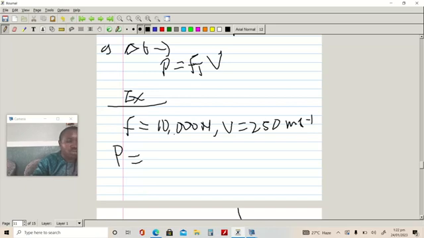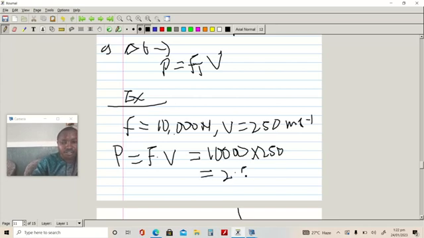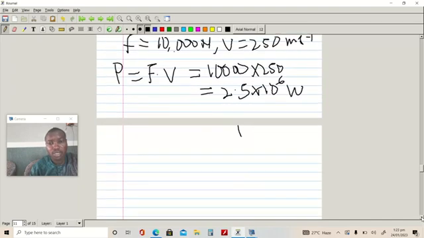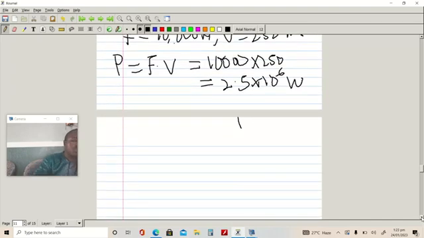So P is equal to force times velocity, which is 10,000 multiplied by 250 meters per second, which is equal to 2.5 times 10 raised to power 6 watts. I hope I'm correct with that. At this point, we have our answer in watts, so we take it to horsepower. Just divide by 746, the horsepower.